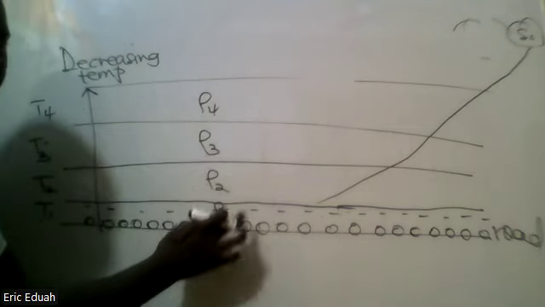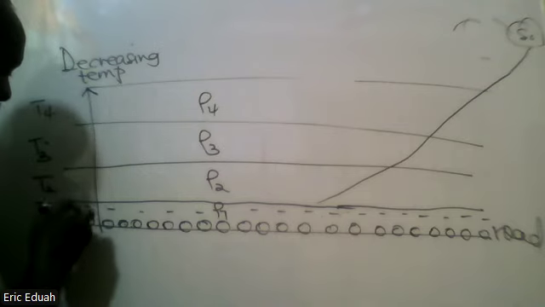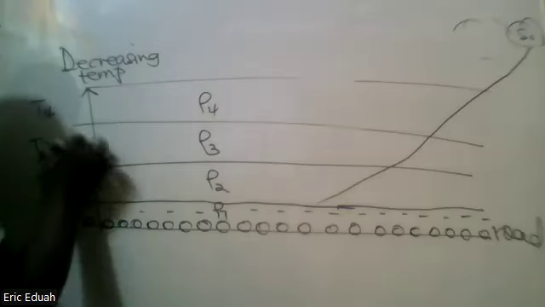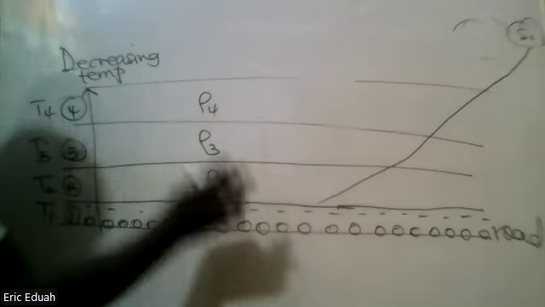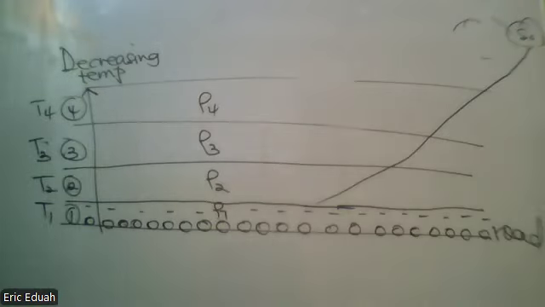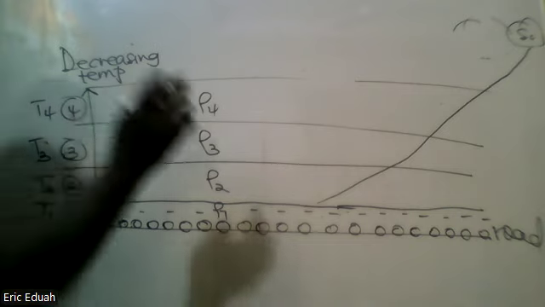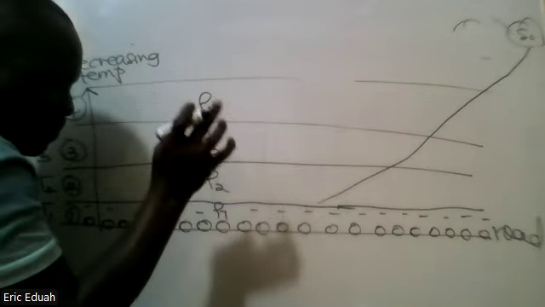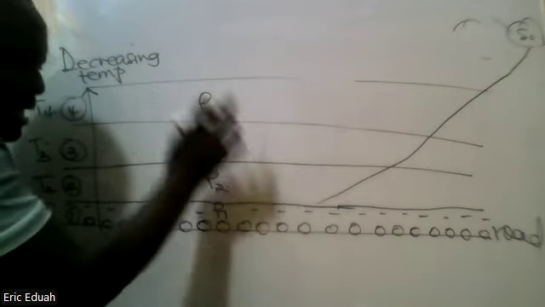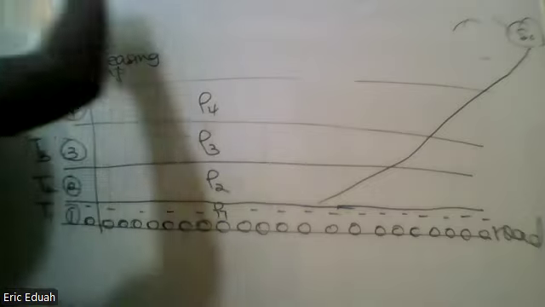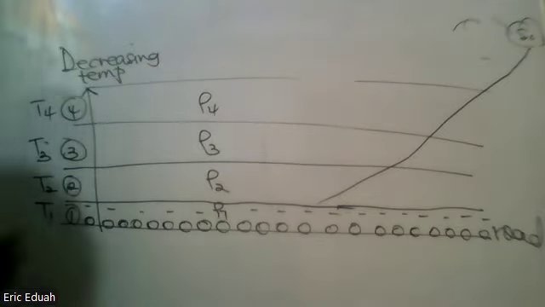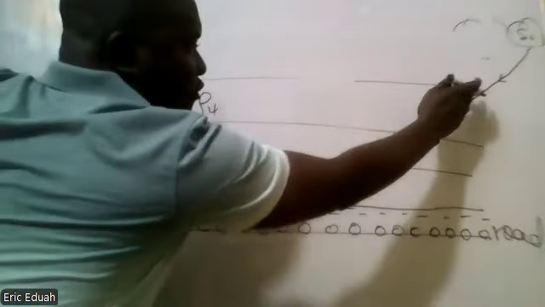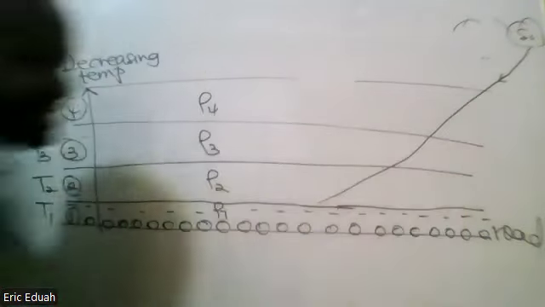Because the temperature of the first layer is high, its density is lower than this. So this is lower, higher, higher, higher as we go up.